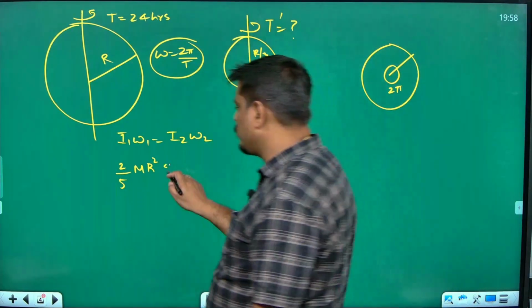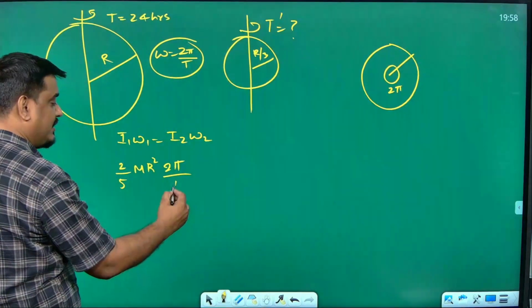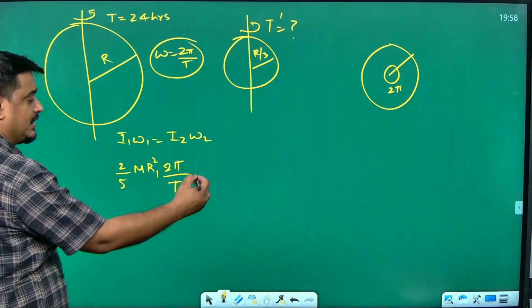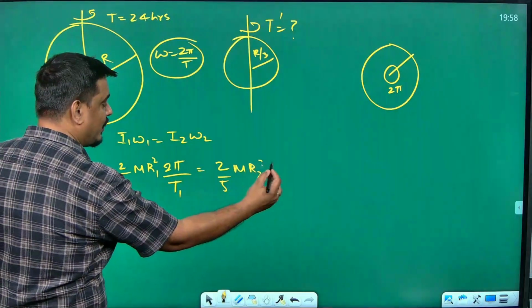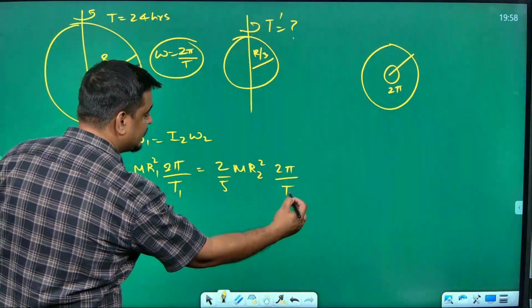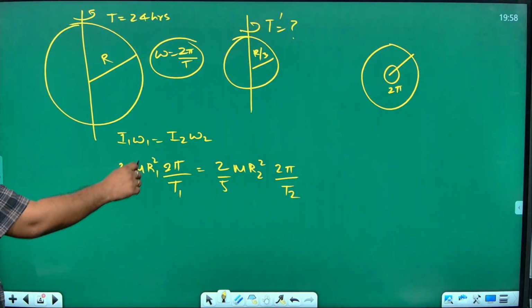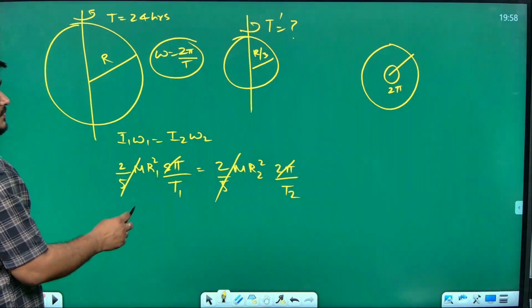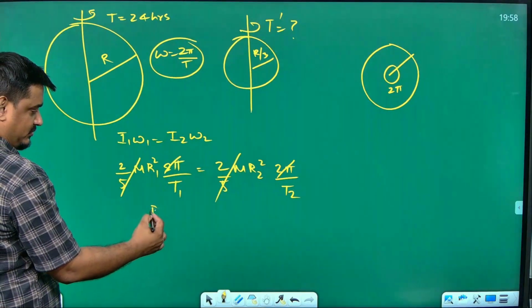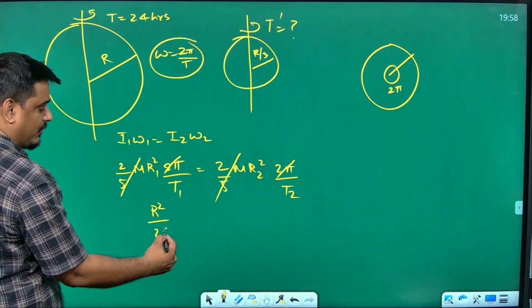So if you write here 2 pi by t1, t1 r1 is equal to what is I2? 2 by 5 m r2 square into 2 pi by t2. Solve this, get the answer. 2 by 5 m cancels, 2 pi cancels. What is r1 square? Normal r square by what is t1? 24 hours.